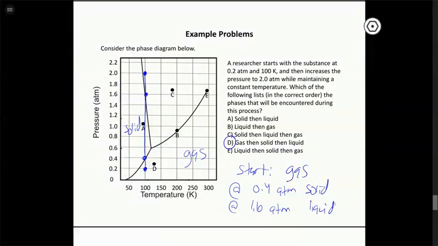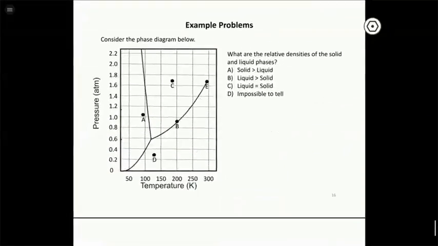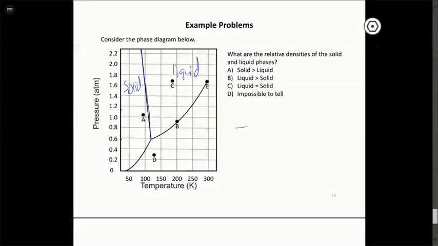All right, so that allows us to look at how the phase changes as we raise the pressure over a large range. All right, and as we talked about on this problem, what are the relative densities of the solid and liquid phases? So we look at the slope of the solid liquid line, which is this line here. That slope is a negative value, and that means as we start in the solid part of the diagram, somewhere here, as we raise the pressure, as we showed you, you go from solid to liquid.